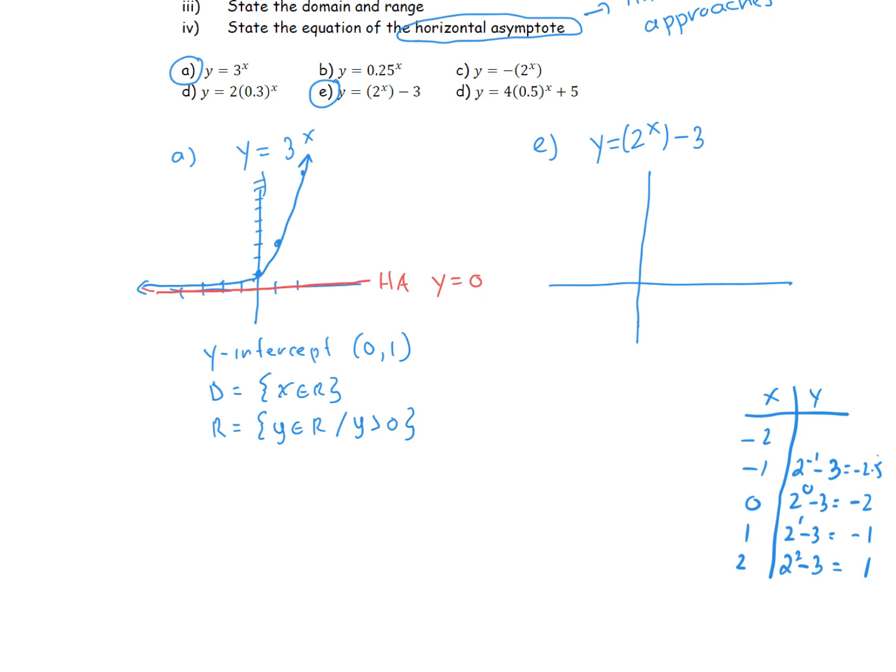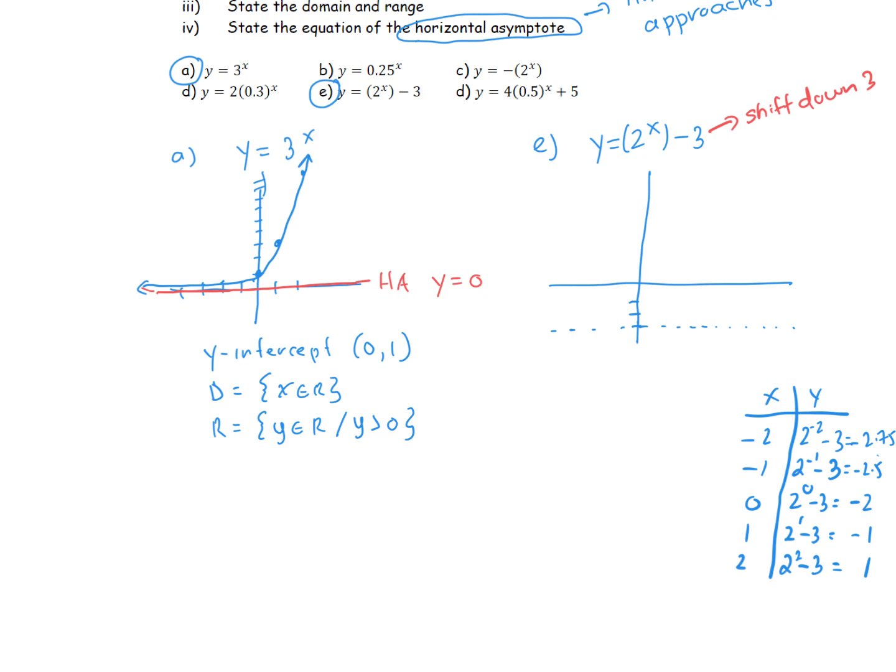And 2 to the -2 is 1/4, minus 3 is going to be -2.75. So what's going to happen is this graph is going to shift down 3. And that's what this does. Anything that is added or subtracted after you do the exponential function is going to shift the graph up and down.